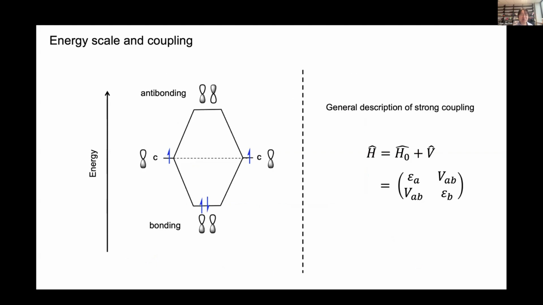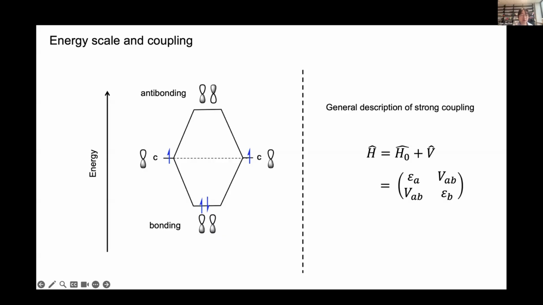When we think about coupling in chemistry, a lot of chemistry students will think about bonding. Here on the left side, I have a picture of carbon-carbon atoms which have the exact same energy, and we're looking at the p orbitals. We know that these orbitals can interact symmetrically, forming bonding interactions, or they can interact anti-symmetrically, forming anti-bonding interactions.